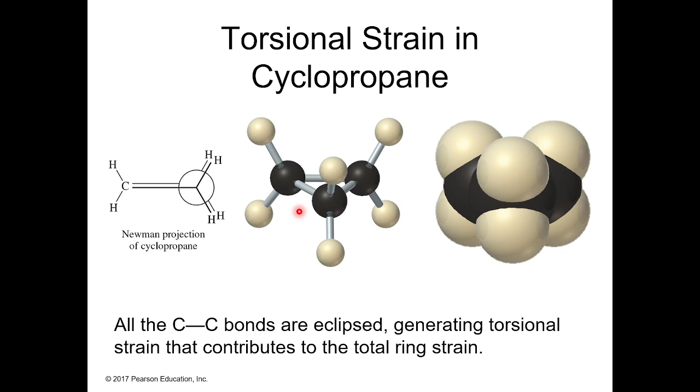Normally you would, okay, so do you know what torsion is? Or torque? Yeah. Literally a rotation, right? Okay. And so torsional strain comes from not being able to rotate, right? Because it's trapped.